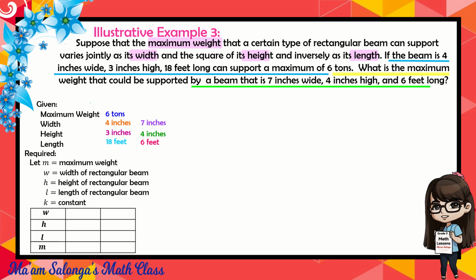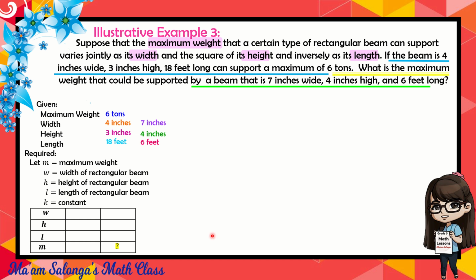Since the unknown is the maximum weight of a rectangular beam, we will put here the question mark, and then we will just copy the given and input it in our table.